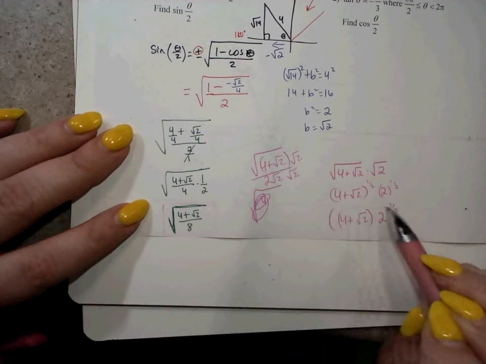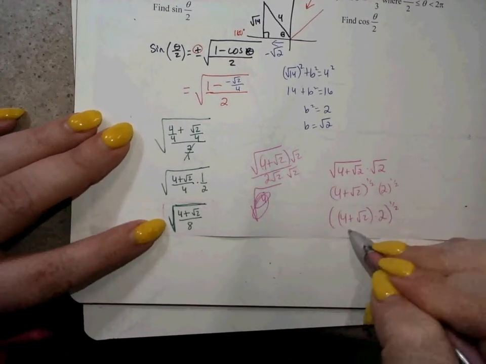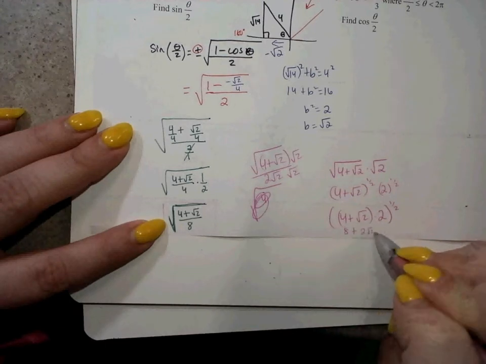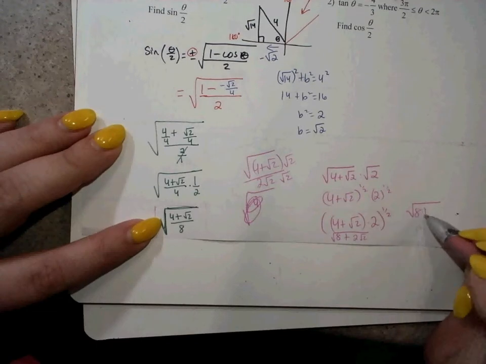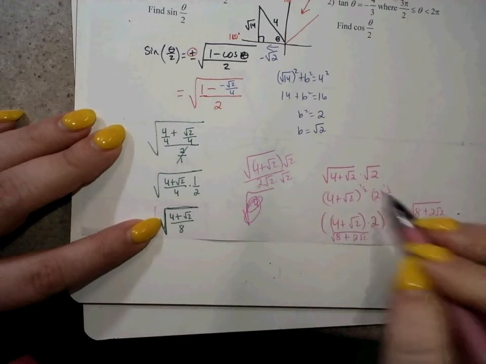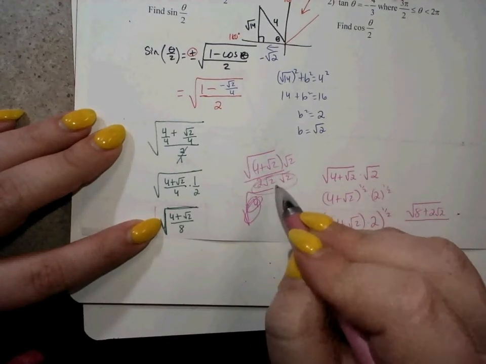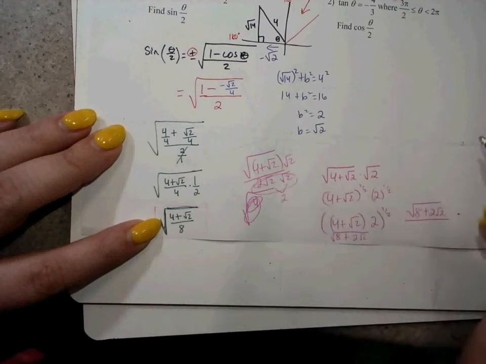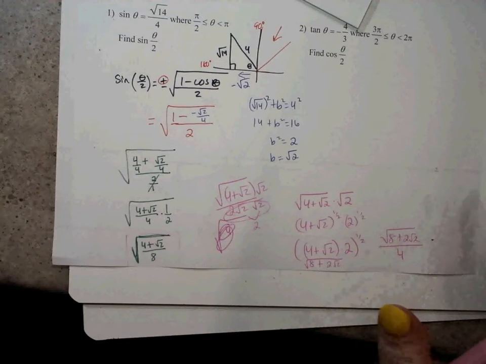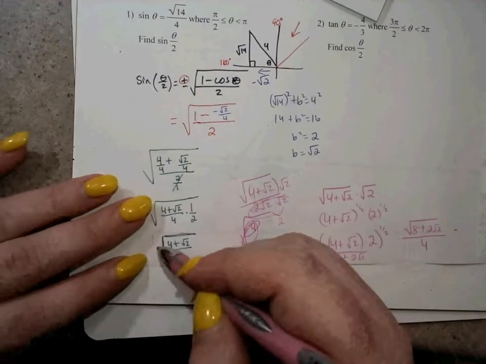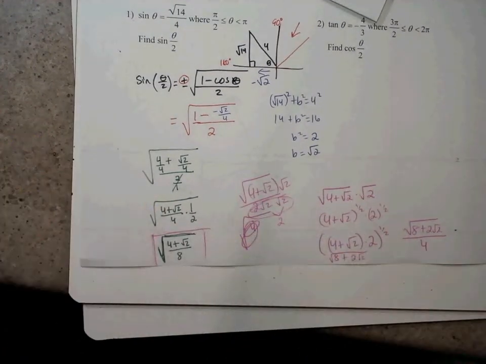We're going to distribute a 2, because the square root is the part that they combine underneath. So that would be 8 plus 2 root 2 underneath the square root. So it would be the square root of 8 plus 2 root 2, all divided by the denominator, which is going to be 2 times 2, and that would be 4. Anyway, just for your information, but this one's good.